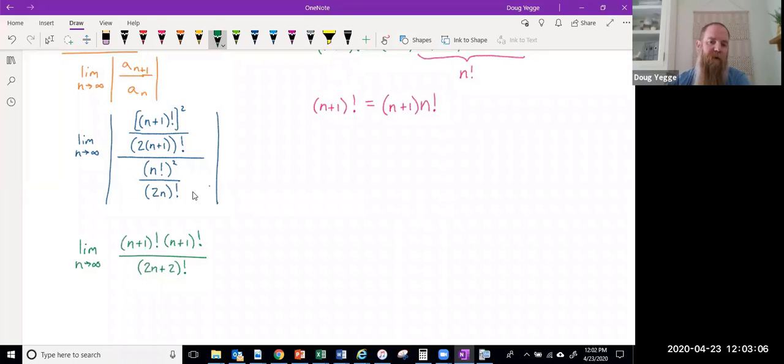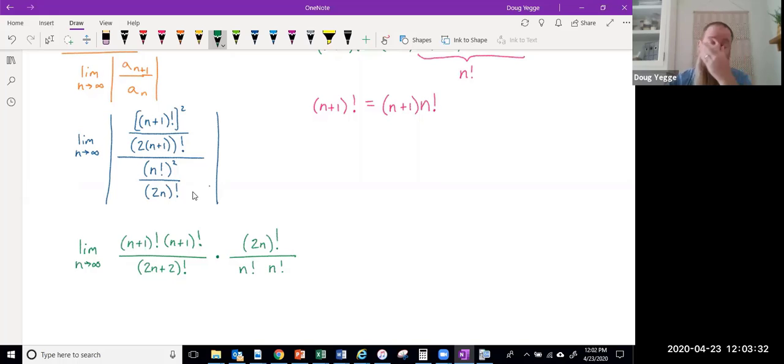But notice that I'm going to multiply by the reciprocal of this fraction here. I'm going to multiply by 2n factorial over n factorial times another n factorial.